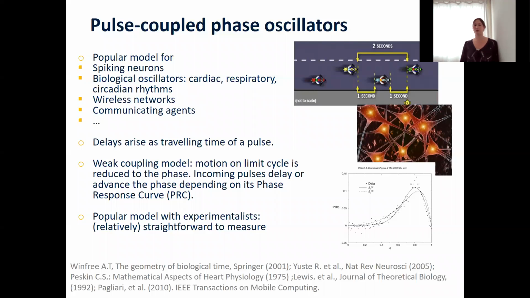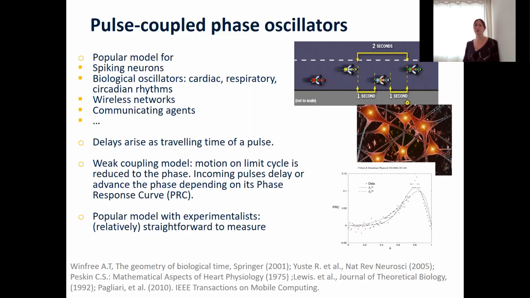Phase oscillators always are a weak coupling model, meaning that the motion on the limit cycle is simply reduced to the phase. And the pulse coupling means that the oscillators receive a pulse, and depending on their instantaneous phase, their phase is forwarded or delayed, depending on the phase response curve, PRC.